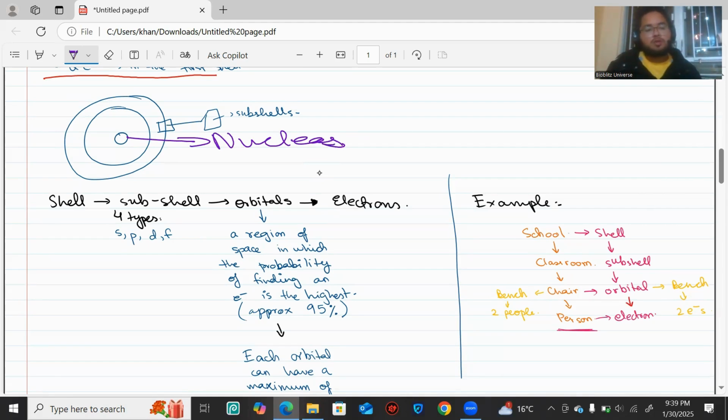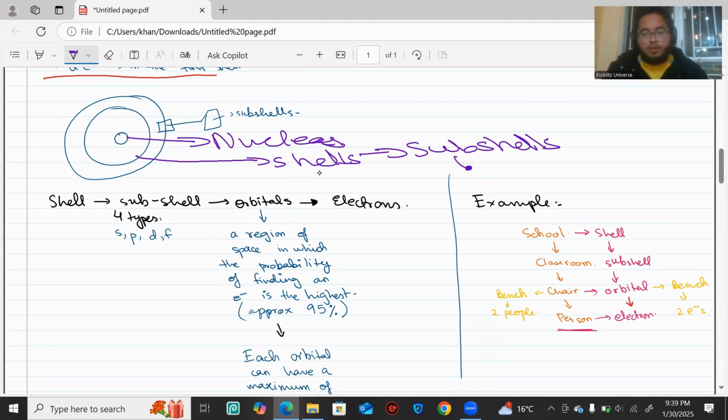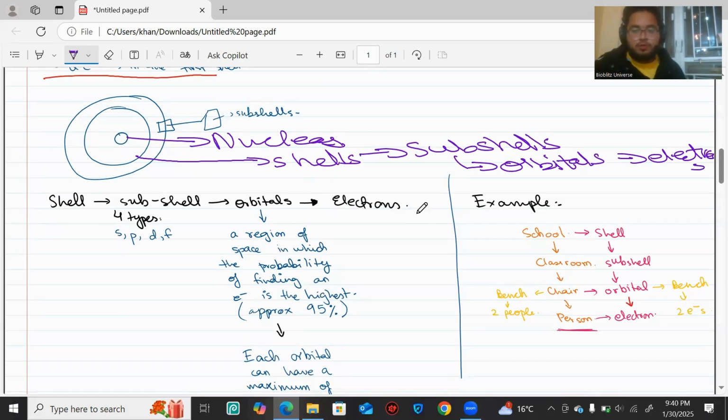Then outside the nucleus there are shells. In shells there are subshells, and a subshell consists of orbitals, and in those orbitals electrons are found.